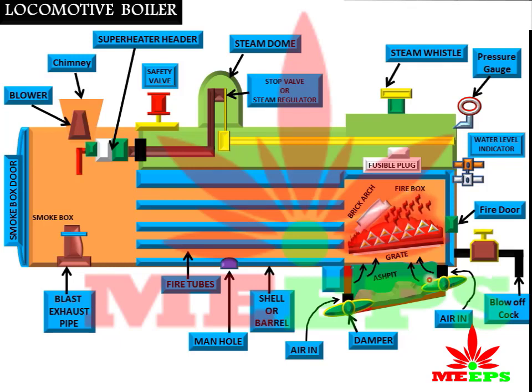The hot gases pass through the fire tubes. As we can see, these are the hot gases passing through the fire tubes, and the hot gases pass from the firebox to the smoke box.